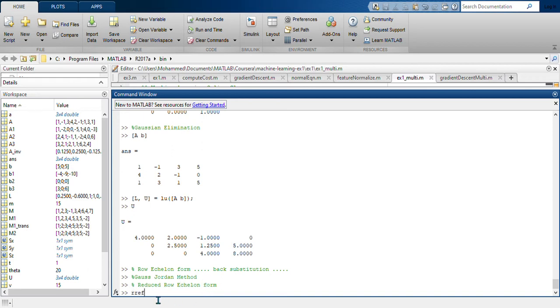And the matrix which we want to convert to the reduced row echelon form is nothing but the coefficient matrix joined by the b vector, and we put that in square brackets, because that's a matrix.